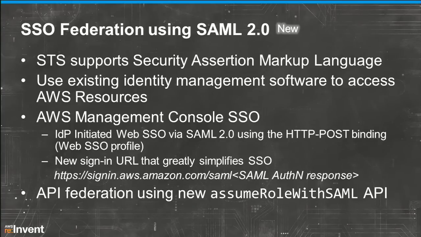And what this does is it adds open industry support for Federation for the Security Token Service. So for any of you who are using existing identity management software that supports SAML 2.0, you can now use us as a service provider. Sometimes people refer to that as a relying party. And you can use that to either single sign into the management console or do API Federation.